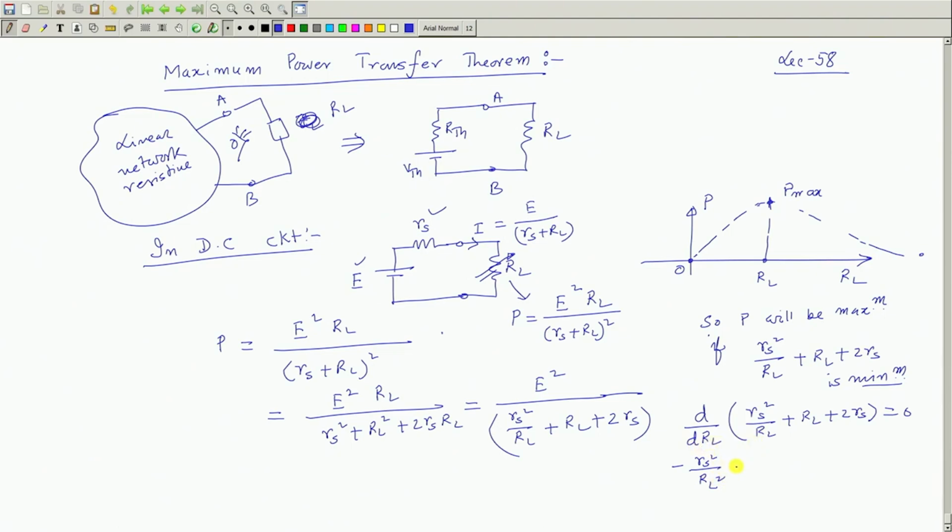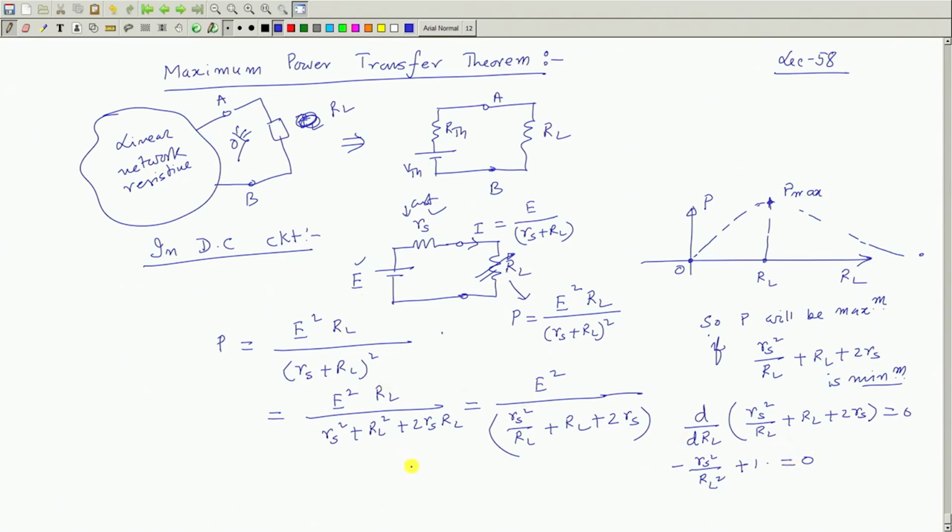I am differentiating, this will be plus 1 and this will be 0, that is equal to 0. This will be the thing, because R_S is constant. I will not change R_S, source resistance and EMF, same battery.